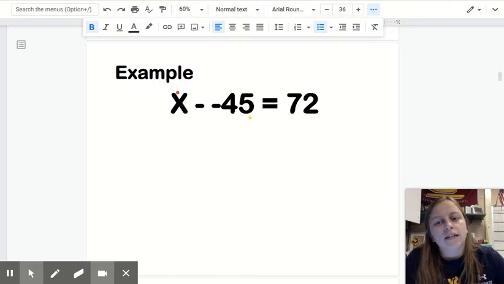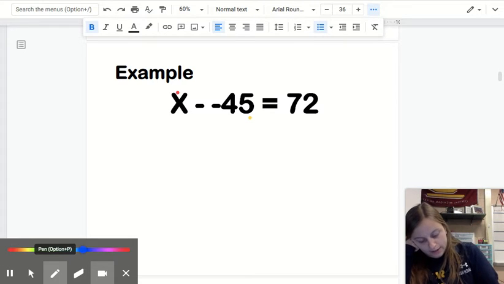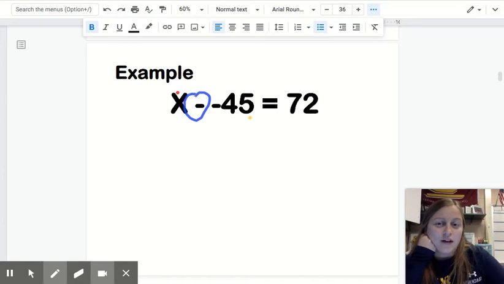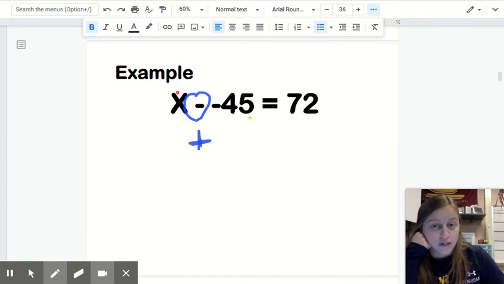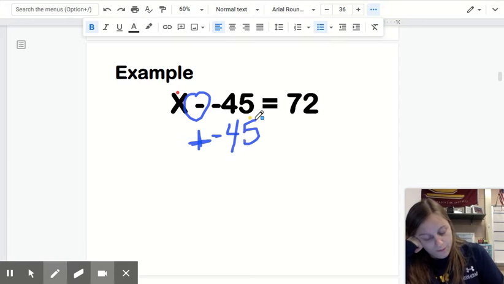So here's our first example. We have x minus negative 45. Well, the type of math going on here is a subtraction. So the opposite of minusing negative 45 would be to add negative 45.